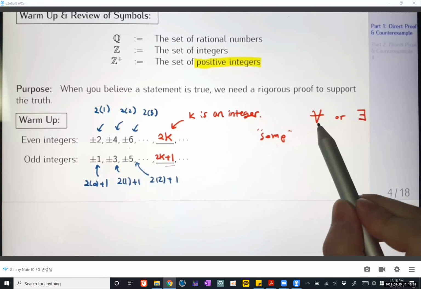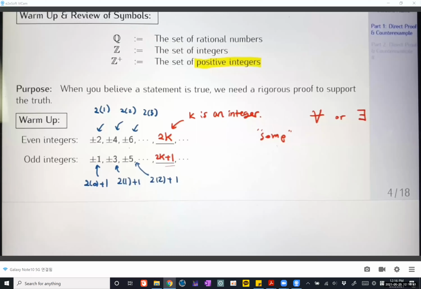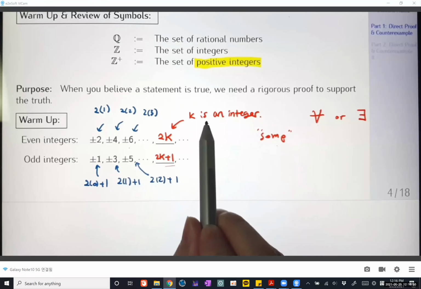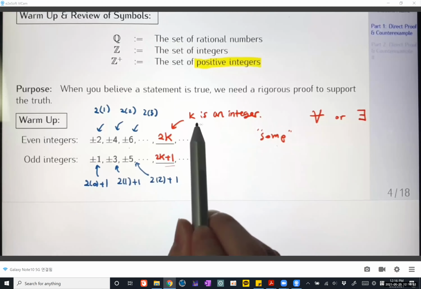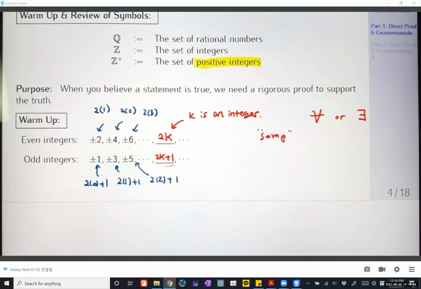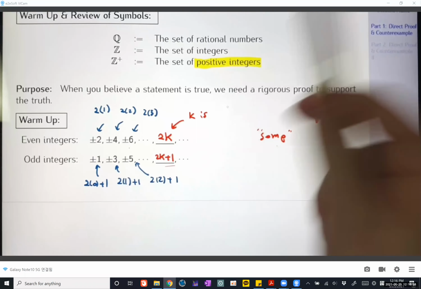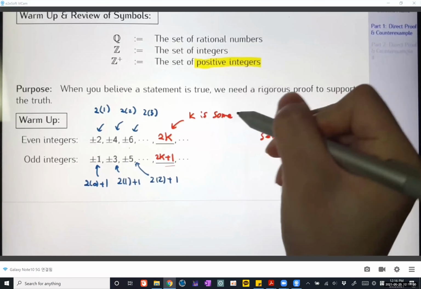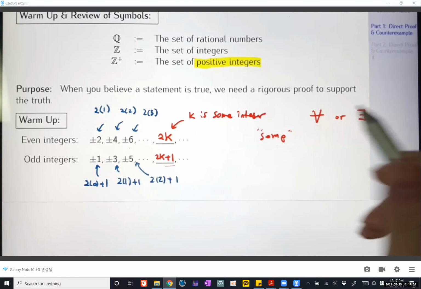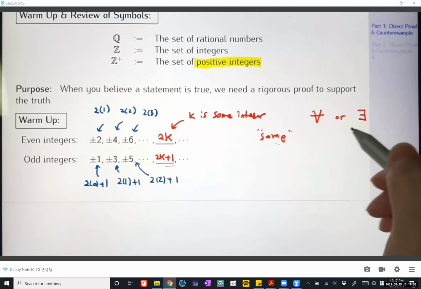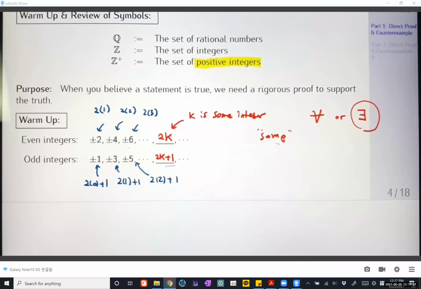Should we use for all or should we use the existence statement? Whenever we hear the word some, then we have to use existential, yes.